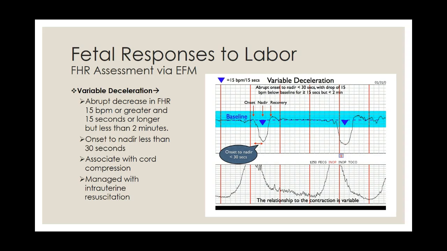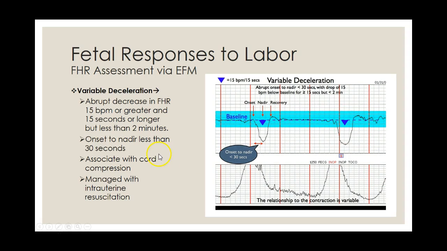It's an abrupt decrease. And variables can be associated with contractions, but they don't have to be. So we might see variables with or without contractions. In this picture, we see them with contractions. And you can see that they're almost like a V shape.